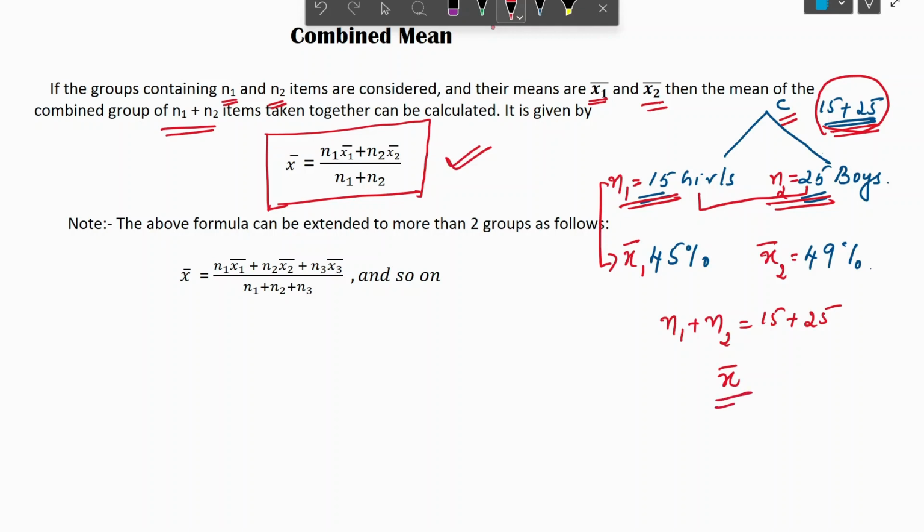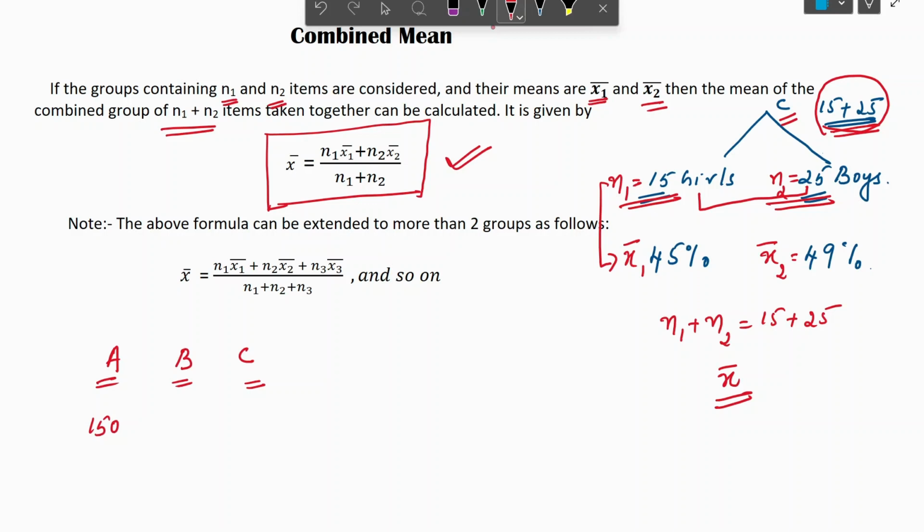Is it clear now? Next, here I have taken two groups, N1 and N2, 15 girls and 25 boys. Same example. Suppose this is for 3 divisions, that means divisions A, B and C. In division A, there are 150 students.